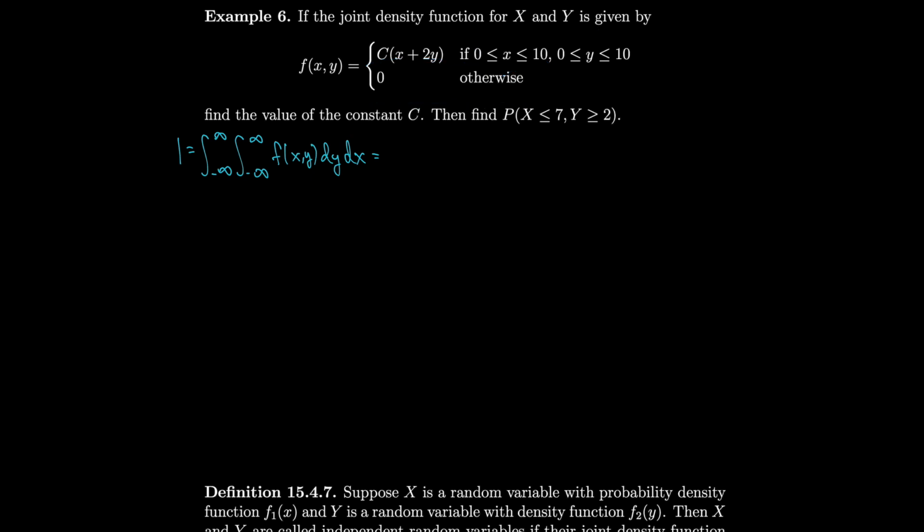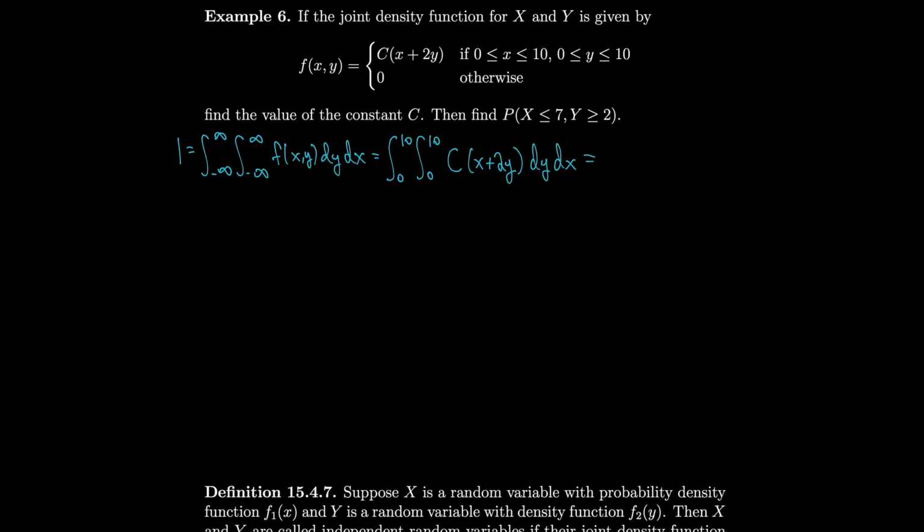So my integral would be 0 outside of that area, so I can just consider the integral from 0 to 10 and 0 to 10, because everywhere else it's going to be inconsequential. And then f(x, y) from 0 to 10, 0 to 10 is this function over here, so I'll just put that in there. So that's kind of nice, I don't have to worry about taking limits or anything else.